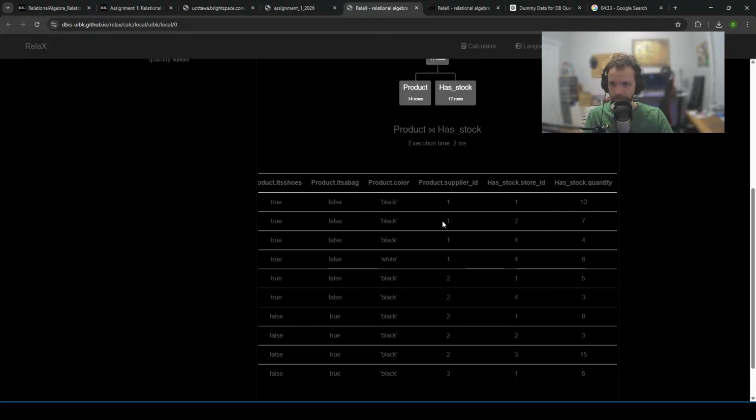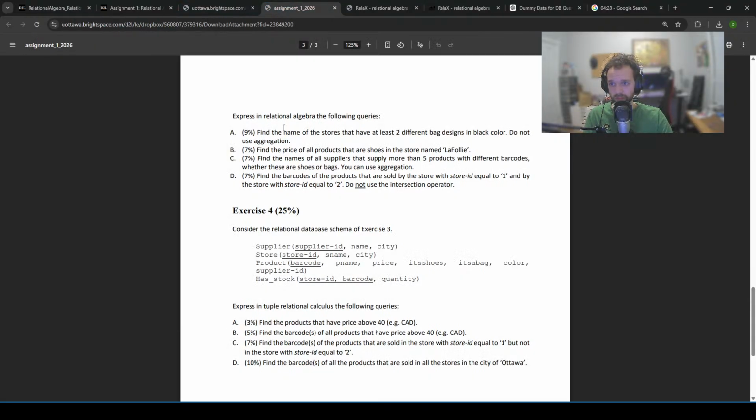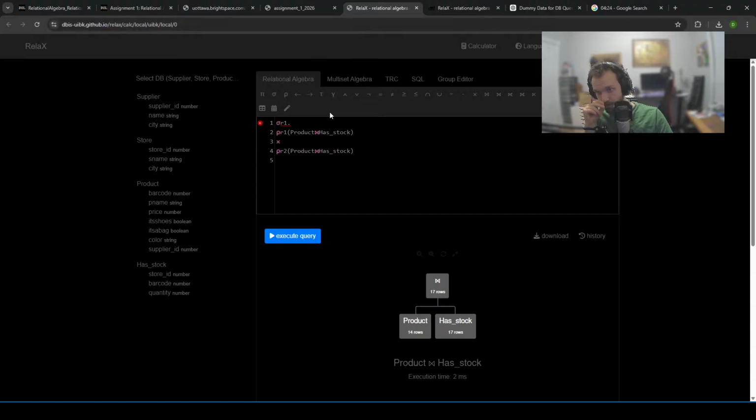R1 dot only return R1 dot store ID. It is store ID we're looking for, right? Yes, store ID. We need R1 dot barcode is equal to R2 dot barcode, and R1 dot store ID is equal to 1.